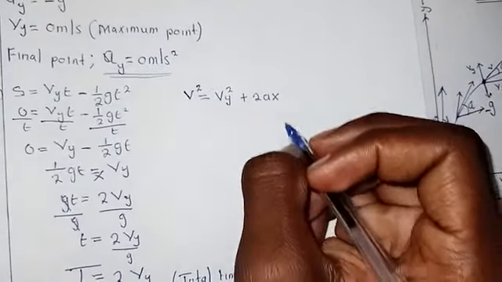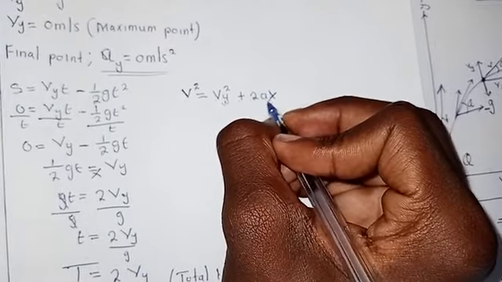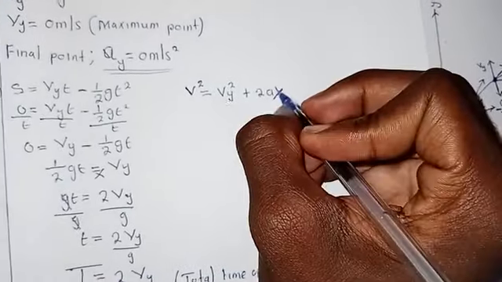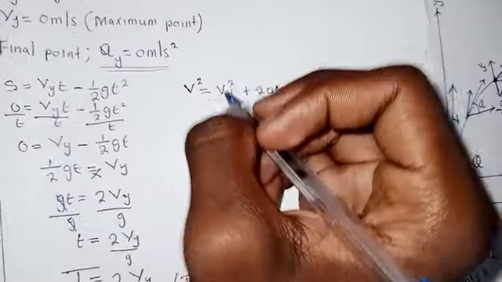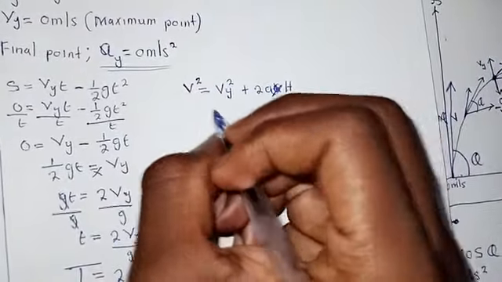But then we're not dealing with the x, we're dealing with the y. So we just put a y here, like this. Okay? Or let me say, let's put h for maximum height.